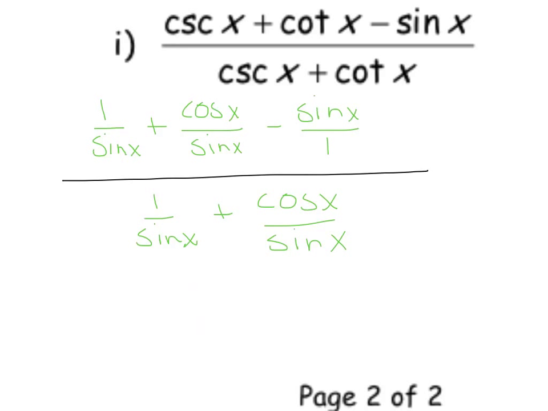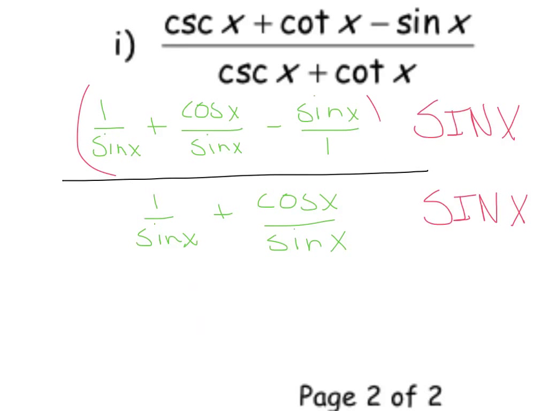All right. Now, there are different ways you could go about this. What I am going to do is multiply the entire top fraction by sine of x, and I'm going to multiply the bottom by sine of x. Okay? So that means I need to do some distributing.